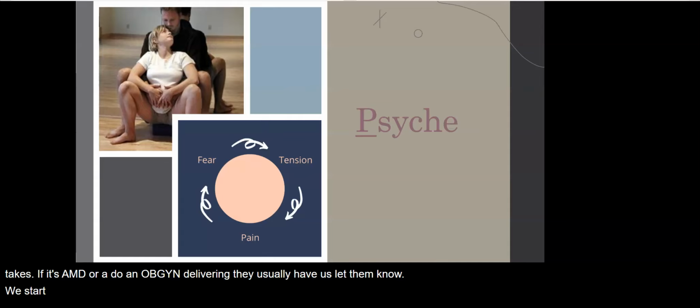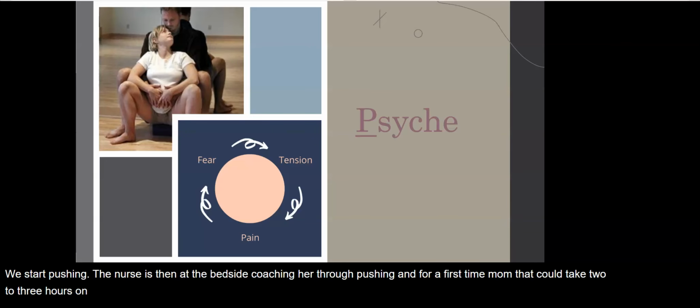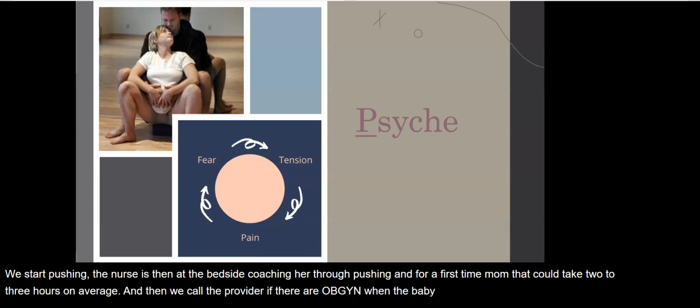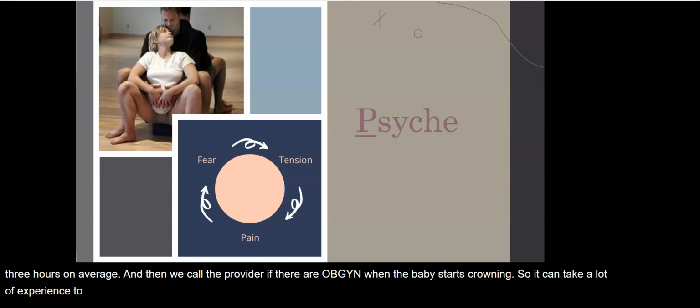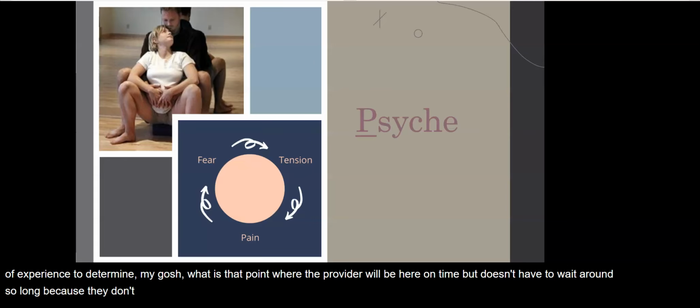The nurse is then at the bedside coaching her through pushing. For a first-time mom, that could take 2 to 3 hours on average. And then we call the provider, if they're an OBGYN, when the baby starts crowning. So it can take a lot of experience to determine that point where the provider will be here on time but doesn't have to wait around so long, because they don't like waiting, unfortunately.